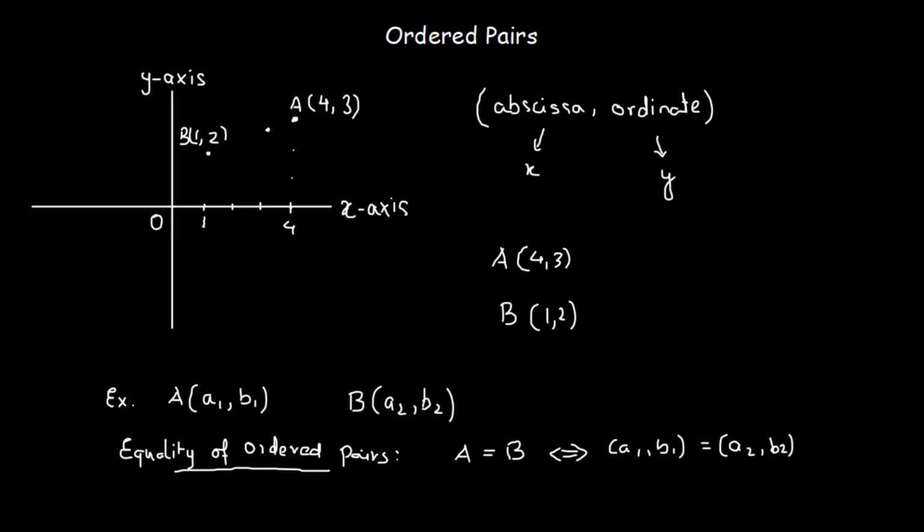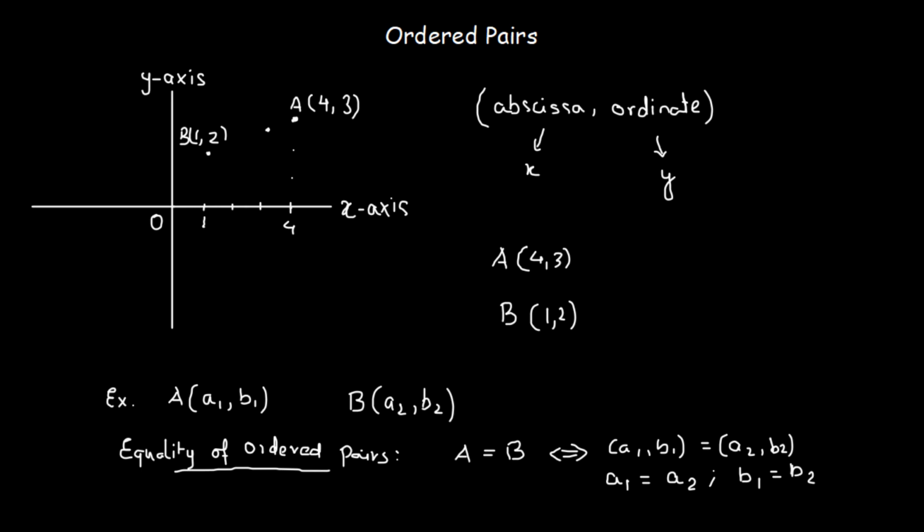This simply means that the abscissa of the first point A, A1, is equal to the abscissa of the second point B, and the ordinate of the first point A is equal to the ordinate of the second point B. So this is what we mean by equality of ordered pairs.